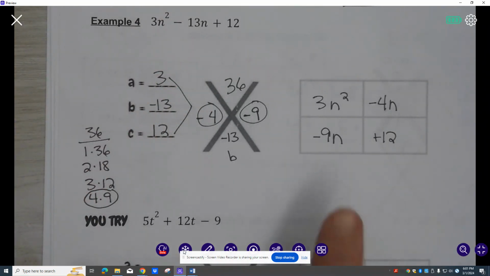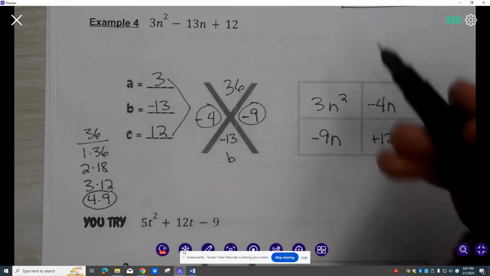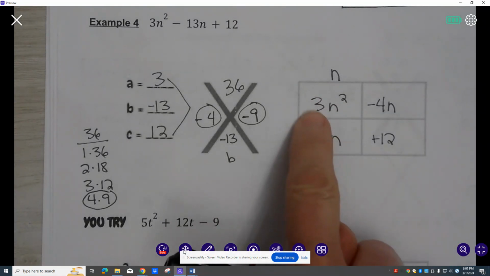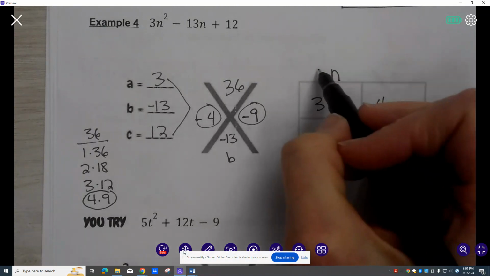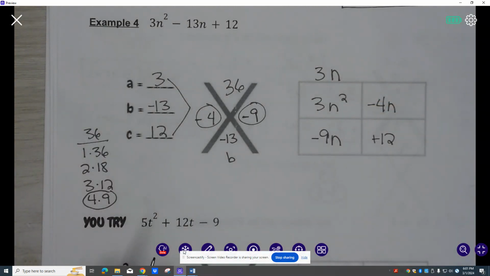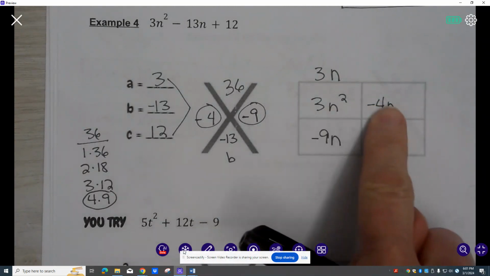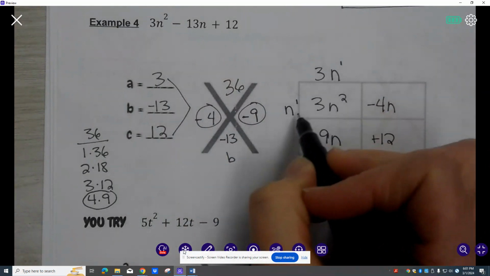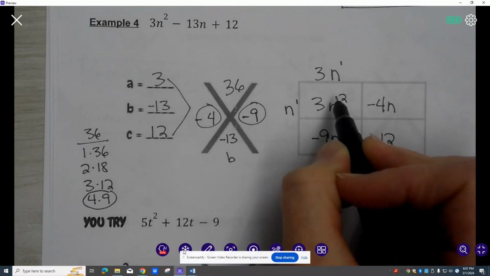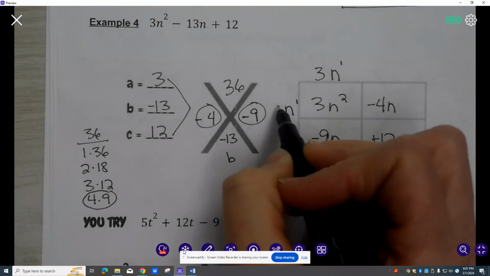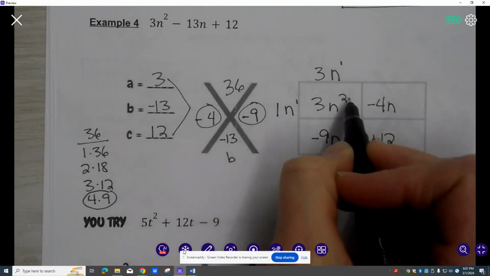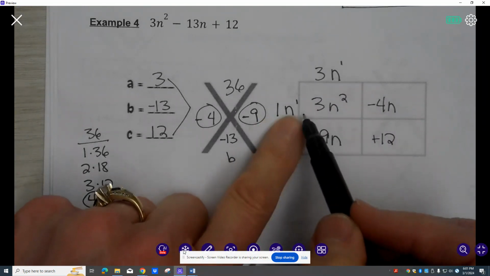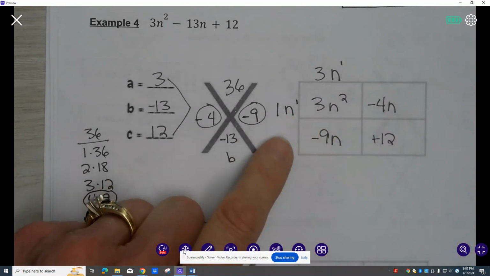All right, two n's in this column, which means I'm going to have an n up here. 3 and 9 have a common factor of 3. Two n's in this row, which means I'm going to have an n out there. So n to the first times n to the first gets me my n squared. 3 times 1n gets me 3n squared. So 3n times 1n gets me 3n squared.